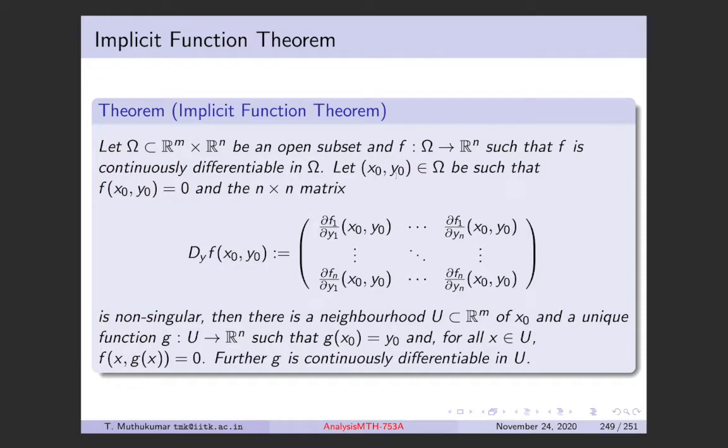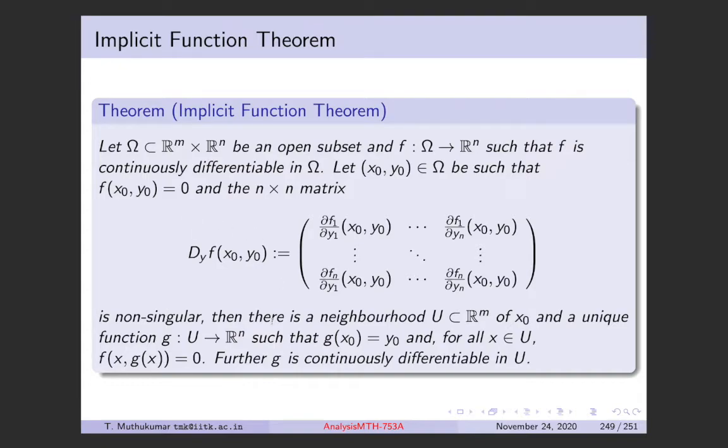Now, take any point x naught comma y naught in omega, where x naught is coming from Rm and y naught is coming from Rn. Suppose f of x naught comma y naught is 0, and this n cross n matrix, the partial derivative of f with respect to y, has a non-zero determinant, so it is non-singular.